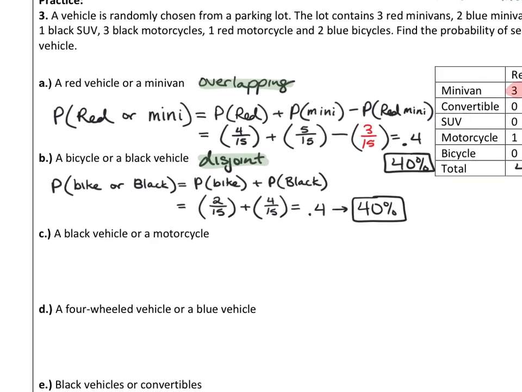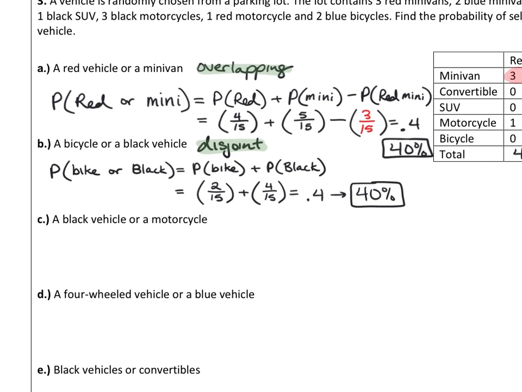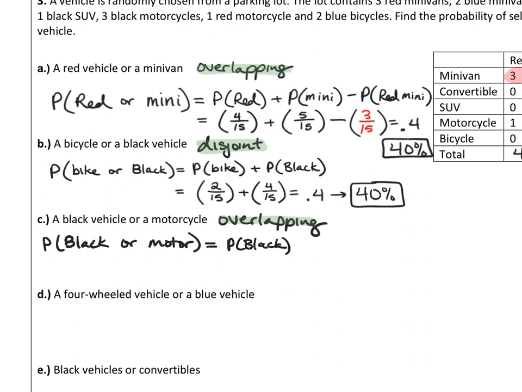Okay, so for part C, was that overlapping or disjoint? Overlapping, because there are black motorcycles. So we know that it's overlapping, and we're going to have to take that into account when we actually do this probability. So we would say that the probability that we found a black vehicle or a motorcycle would be equal to the probability that we picked a black car plus the probability that we picked a motorcycle minus the probability that we have a black motorcycle.